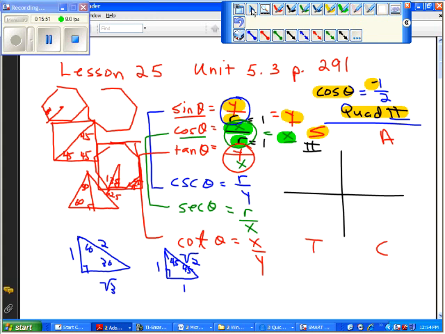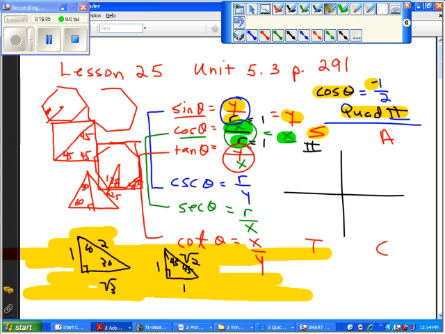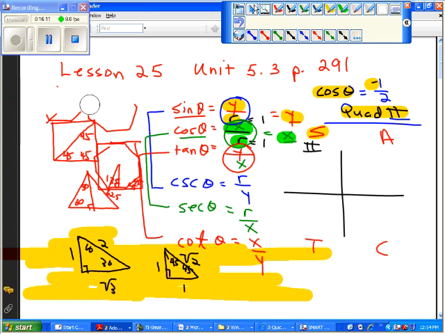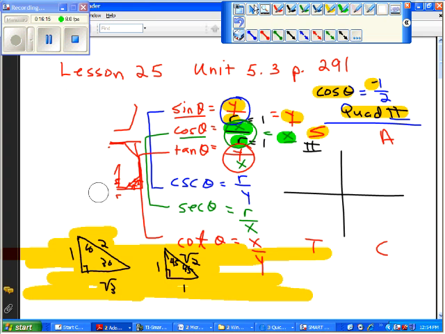Again, when you get into construction and geometry, you're going to find that these 30, 60, 90 triangles and 45, 45, 90 triangles are very important parts of construction, okay? All right, so we need those in our mind, just like our first, middle, and last name, forwards and backwards, okay? 1, 2, square root 3, 1, 1, square root 2.